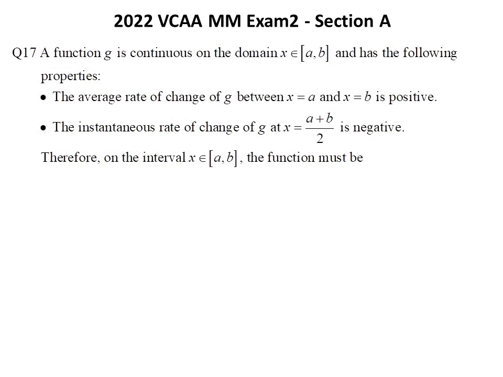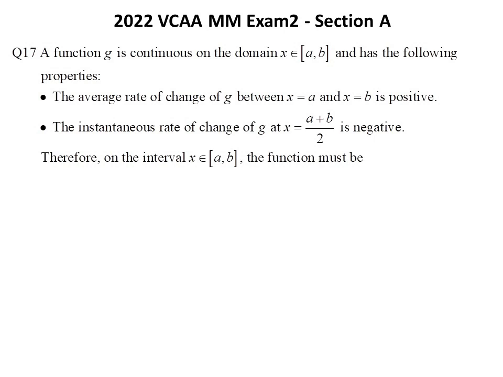In question 17, a function g of x is continuous over the domain within a closed interval from a to b, and has the properties as stated. The average rate of change of g of x between x equals a and x equals b is positive.